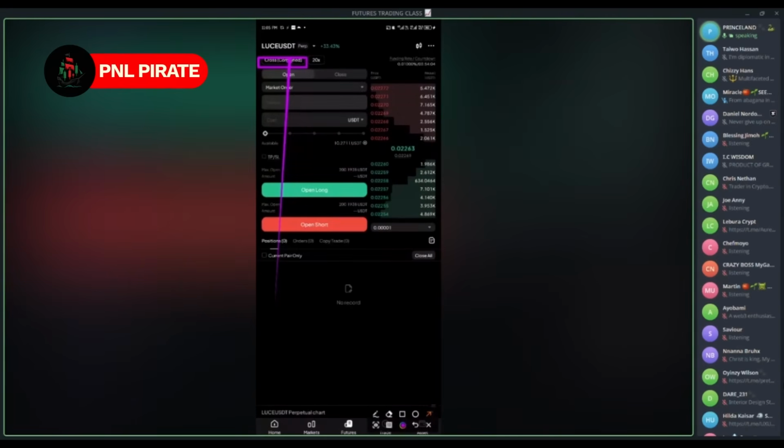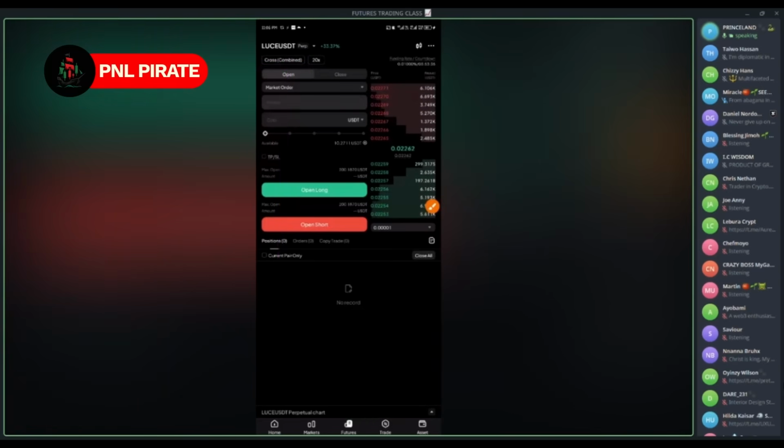I'll practicalize it for you: how you can make a cross margin become isolated, and how isolated cannot be cross margin. I'll show you. So you don't need isolated margin if you want to trade at all. I will show you now.